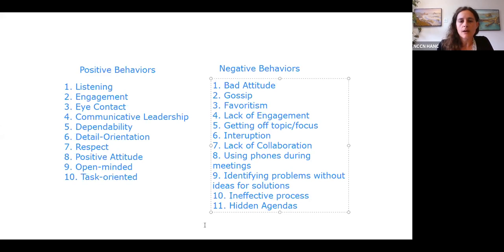So I'm going to bring up the poll. And so everyone hopefully can see the poll. Basically, if you choose number 1, you're saying listening. If you choose number 2 on the poll, you're choosing engagement, and so on and so forth. So I'll give folks a sec to chime in on their top 3.